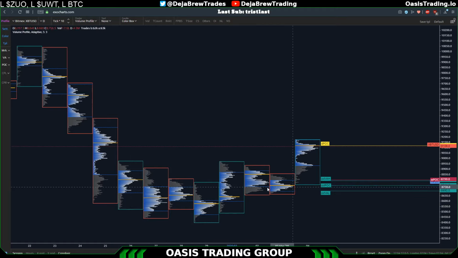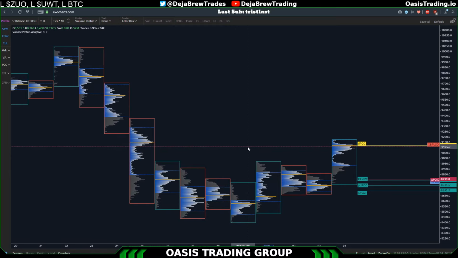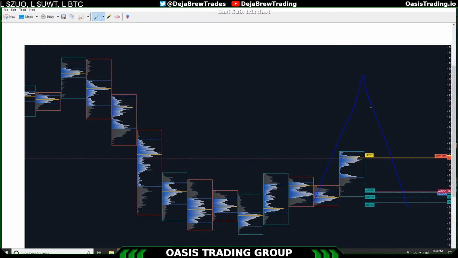So if price were to pull back into this range, there is a lot of support here. Price is coming up, going back down, and retesting this value range. This is going to be massive support.